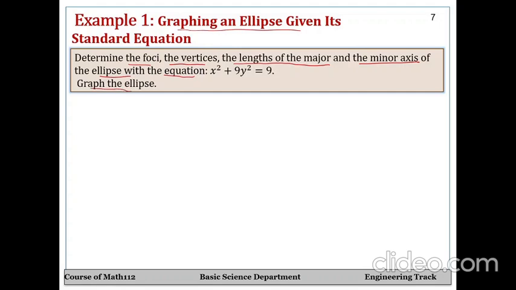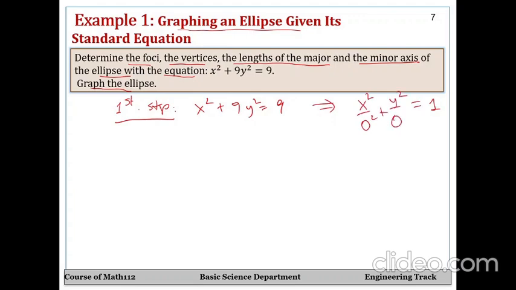If an equation is given, the first step is always to try to write the equation in standard form. Here, the standard form is where you write this one equal to 1. So it will be x squared over something squared, and y squared over something squared. These are now the question marks for us, and we want to find them.